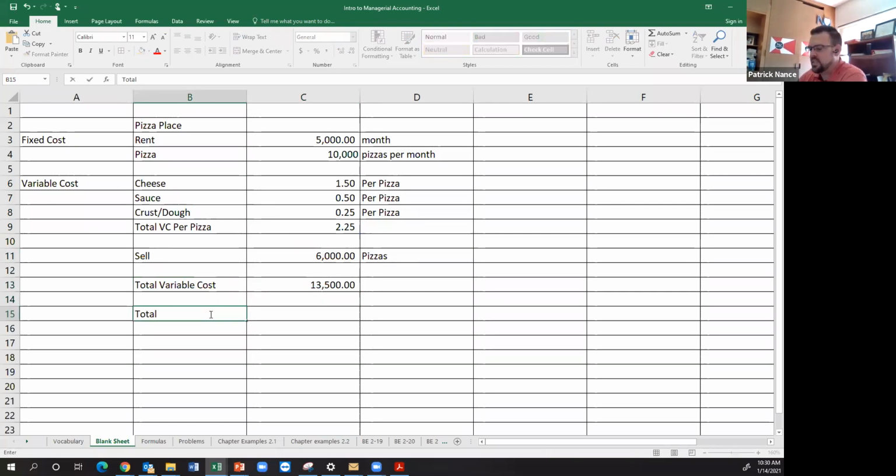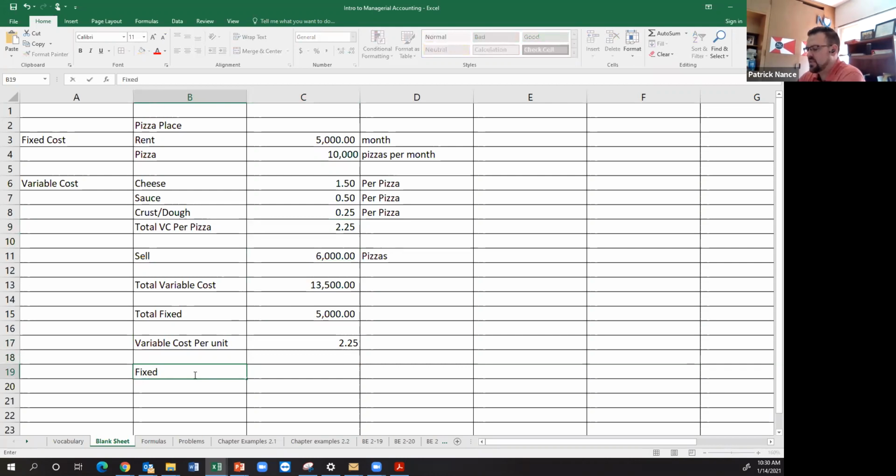My total fixed cost, assuming this is all my fixed cost, and I'm just making that assumption right now, that rent is all my fixed cost, is $5,000. So I've got a total variable cost and a total fixed cost. Now I can also find the variable cost per unit, which I kind of did up above already, but just to do it again here, total variable cost divided by the number of pizzas should get me back to $2.25.